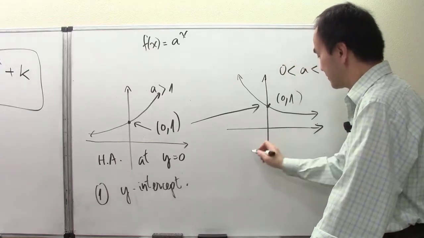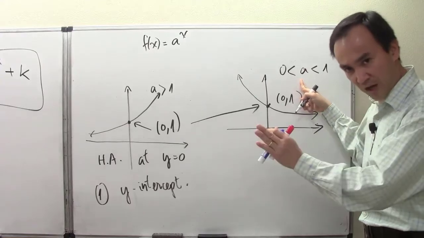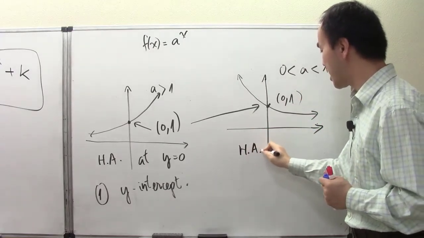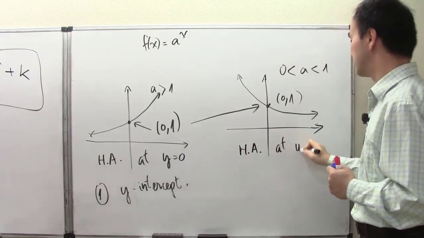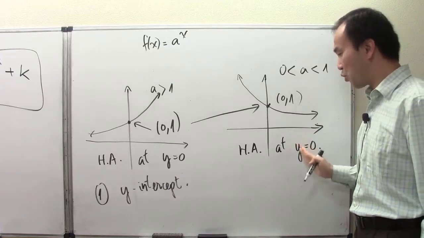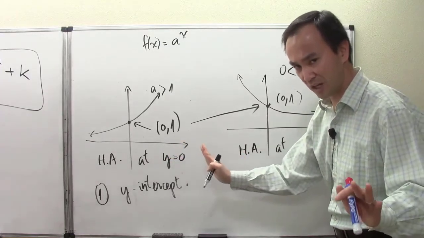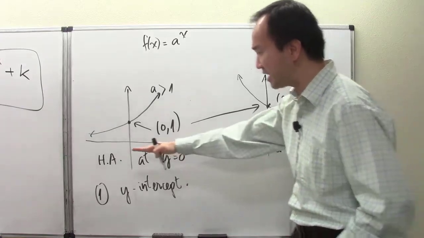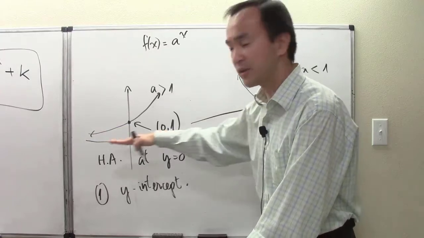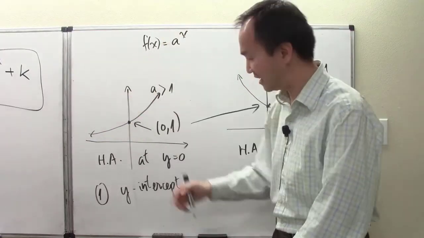Even when the base is positive but less than 1, we also have an HA at the y equals 0 line right there, the x-axis. Where the horizontal asymptote is found we're going to get into in more detail, but mainly, as another major characteristic, any one of these exponential functions has a horizontal asymptote.